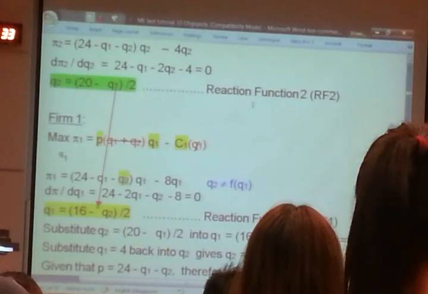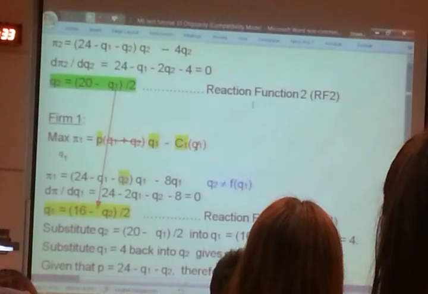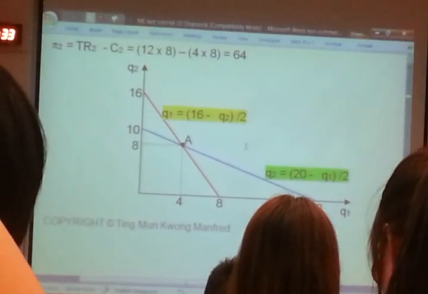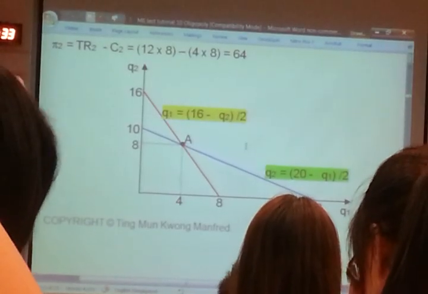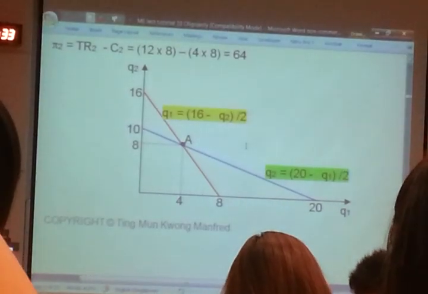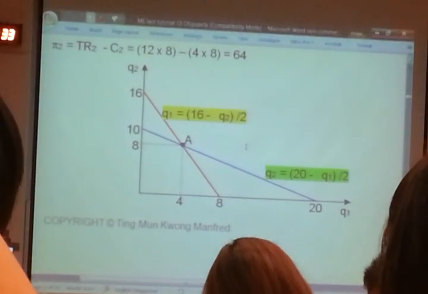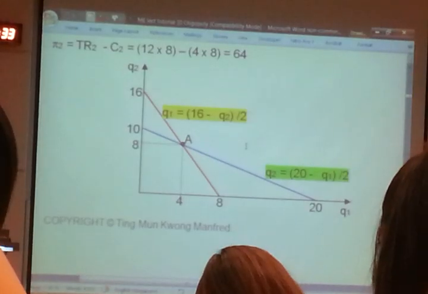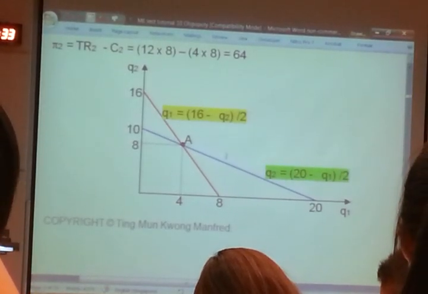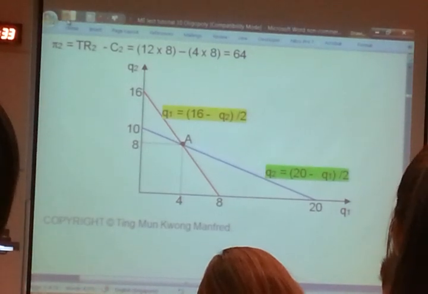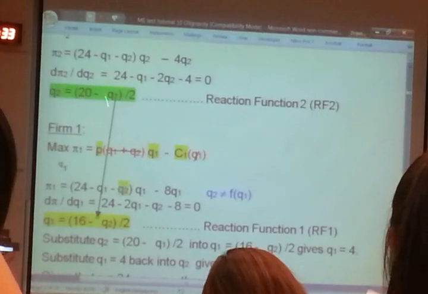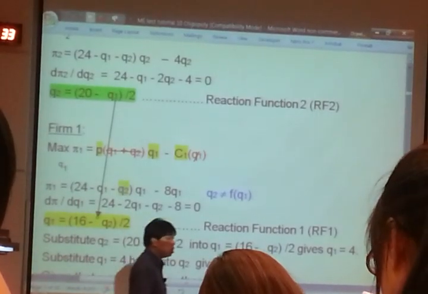So in future, when you find the Cournot equilibrium, do you need to show this? No. Then why do we draw this? To explain to you why the Nash equilibrium is there. So in future, you don't draw this at all. All you have to do is just solve this simultaneously. That's it. Clear or not?